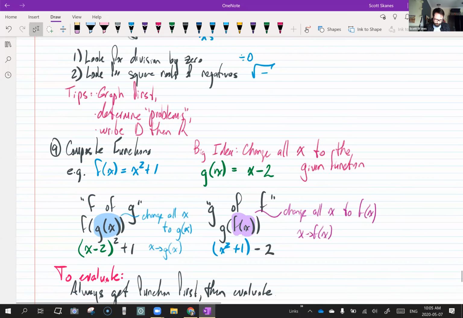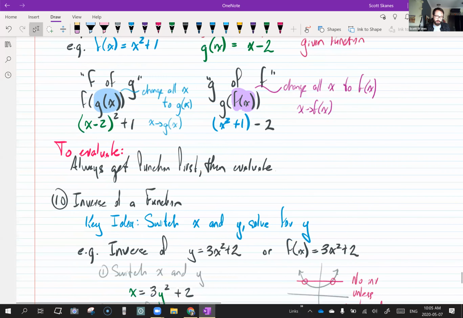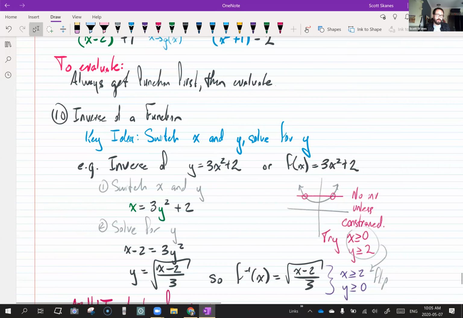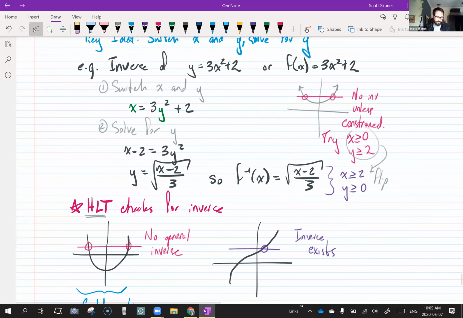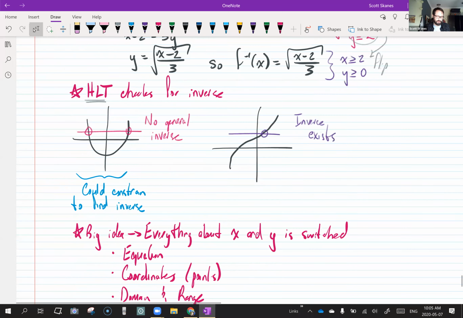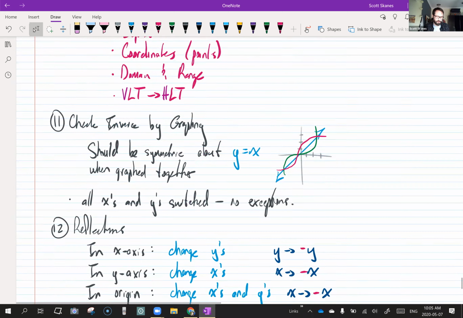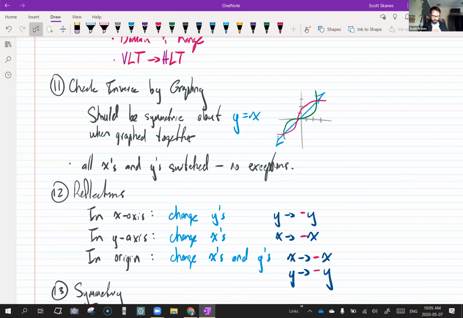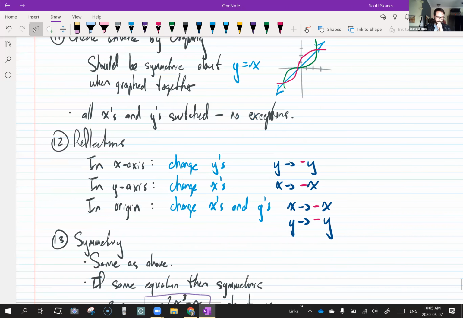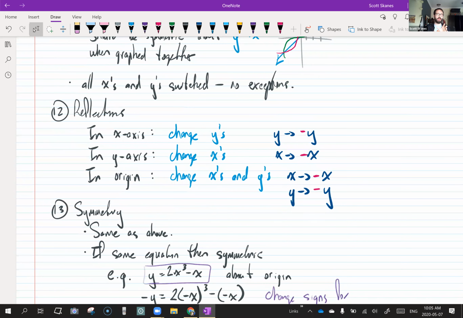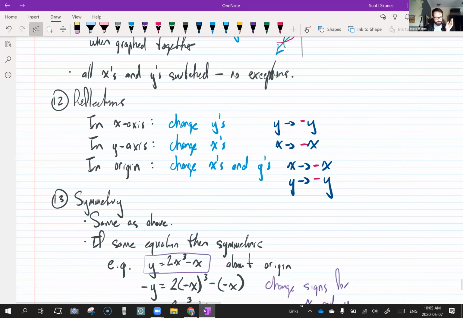Composite functions. Evaluating composite functions. Inverses of functions. Horizontal line test to check if something has an inverse. Check an inverse by graphing, which you would just do by Desmos. I wouldn't test that on an assignment. Reflections in the x-axis, y-axis, or the origin.